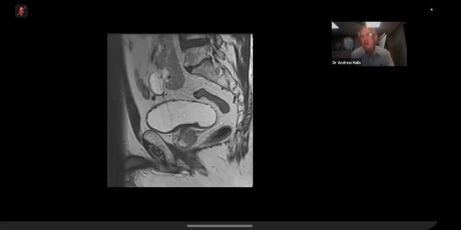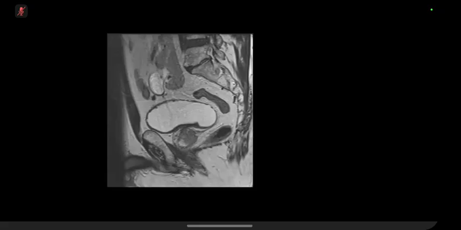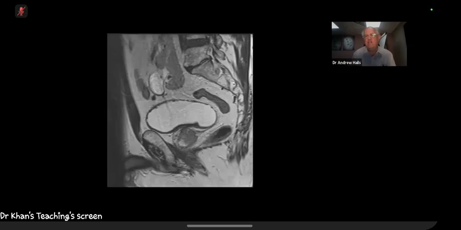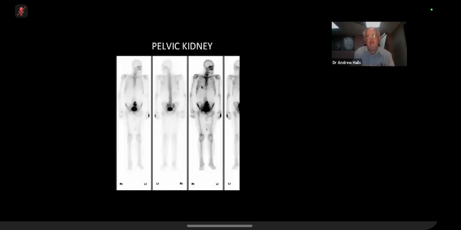As usual in radiology, you don't always get told the most basic things. So that was actually the clinical information, and of course we didn't really know what was going on. But yes, that area of intensity down in the pelvis was shown on cross-sectional imaging to be a pelvic kidney. Pelvic kidney, yeah.